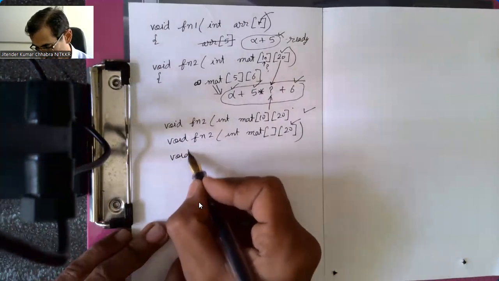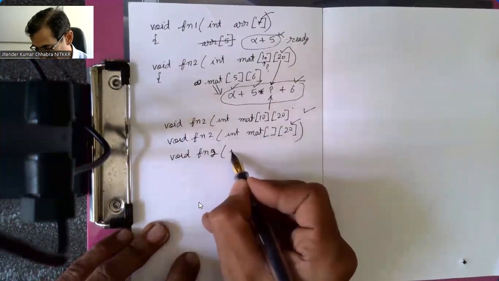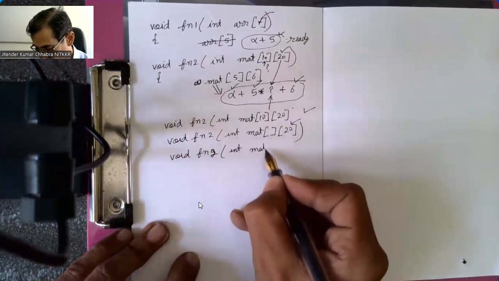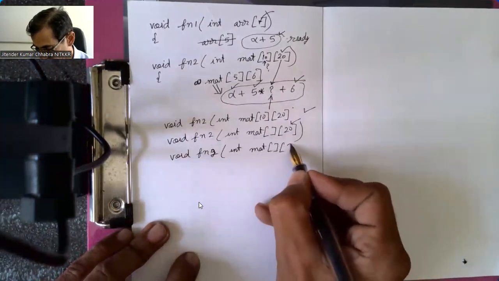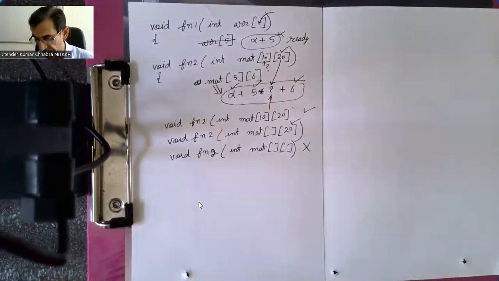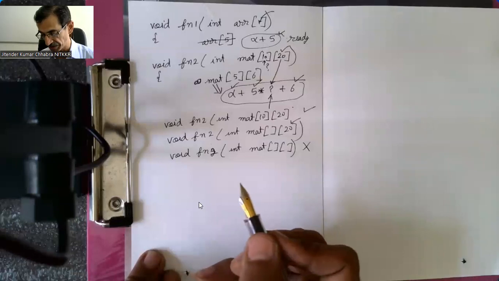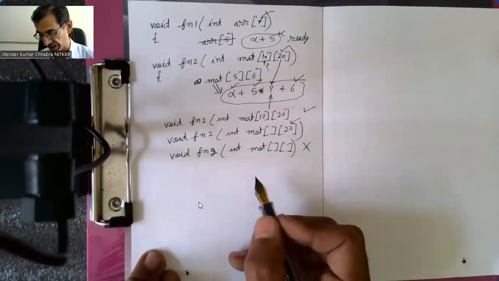But if you write function 3 or function 2 in this form without specifying the second size also, this will be syntactically incorrect because the compiler is not able to convert it equivalently, which is an internal logic need. Hence, this is incorrect.